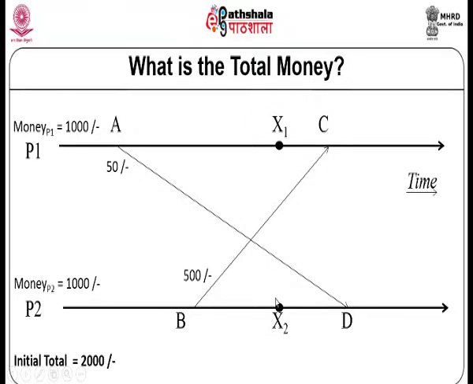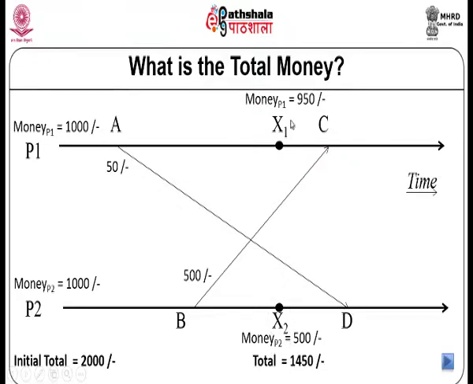Now, where is the surprise? This is a surprising situation. If we decide that x1 and x2 will be the two points where we want to take the snapshot, then look at x1, the value is 950 because I am yet to receive the 500, and look at x2, the value is 500 because I have given the 500 and I am left with 500.